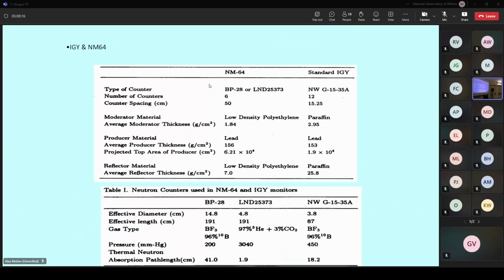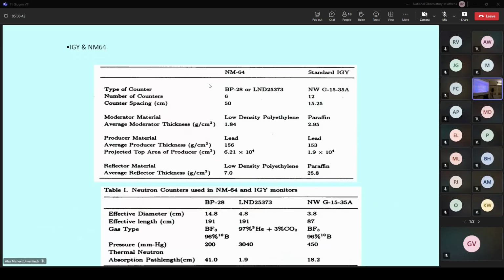So here is a summary of 2 generations of neutron monitors. To my knowledge, there are only 2 IGY monitors still in operation, one in Jungfraujoch and one in Peak. Nowadays, the standard monitor is the NM64, or the so-called super monitor.